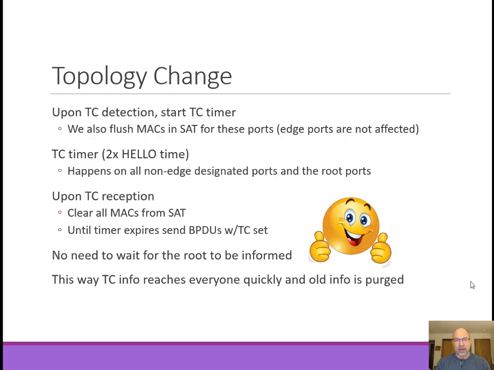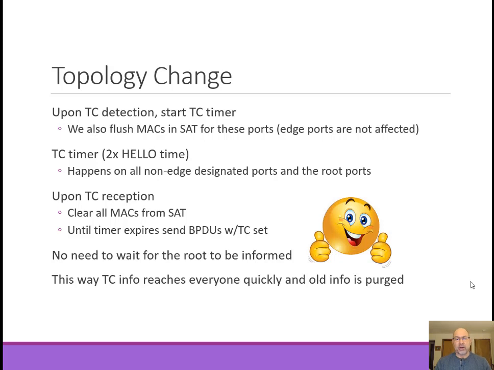You have no idea which is the best way to forward traffic, particularly in the case when you have a topology change, when the topology is actually in flux. But worse would be if you actually have a loop. So we flush the source address table so we don't know where to find nodes. What we're going to do is relearn where the node locations are or how they can be reached once the topology is stabilized.